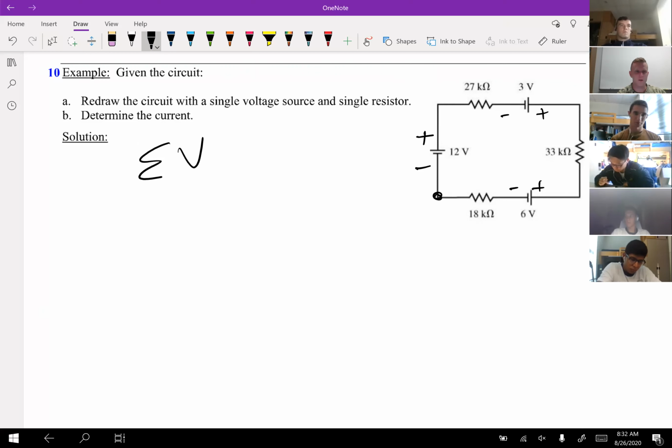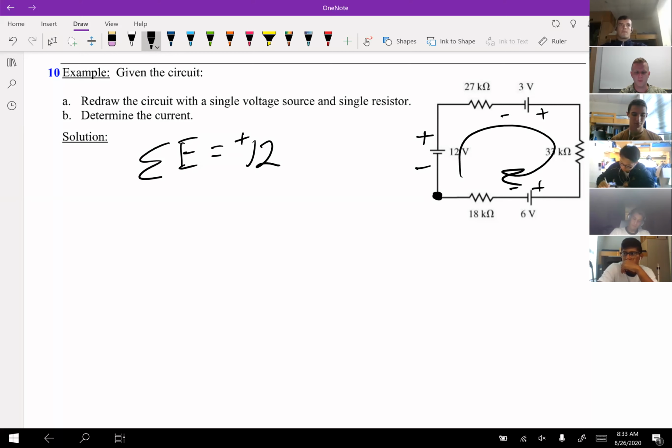which is why I'll say redraw the circuit. It's helpful for you. So if we're redrawing this circuit, I just need to be consistent. So let's add up all of our voltage sources, right? And actually, I'll just put it as an E because E always means the sources. So the sum of my E's, if I'm starting from here and I'm going to go a loop around here, the way that I just did on the last problem is how I'll be consistent.